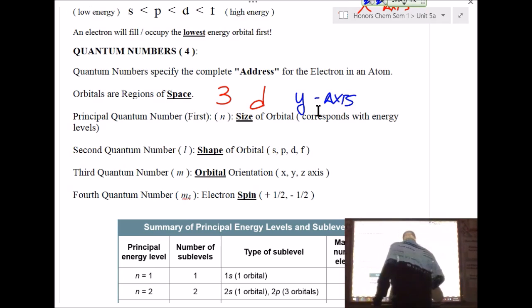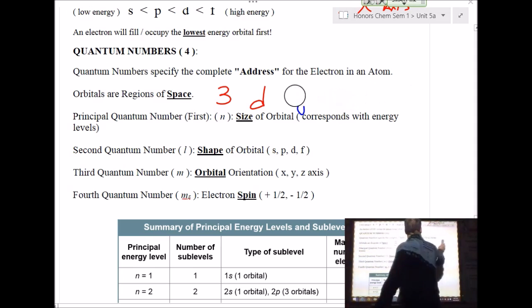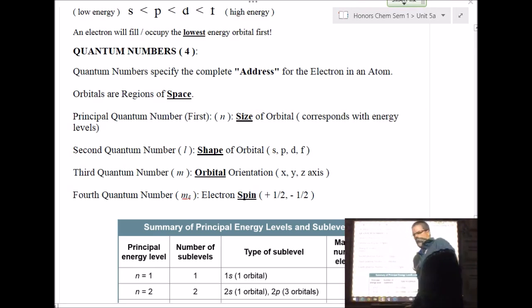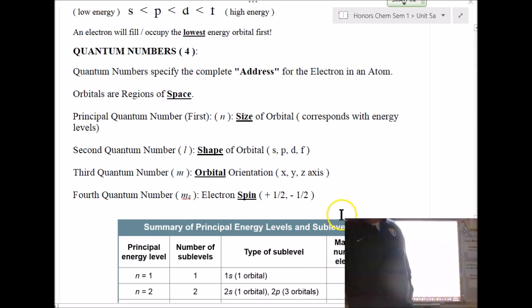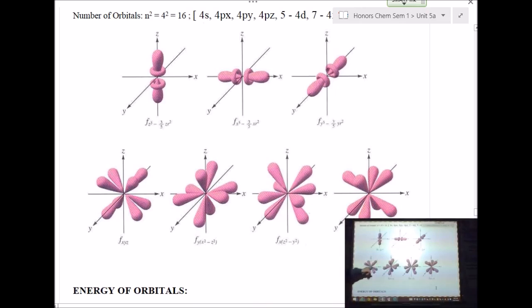So when we talk about orientation, when you look at those pictures, they're adjusted a little bit. And that was one thing that somebody last period noticed and said, do we have to memorize those? Oh, no. You don't ever have to memorize those orientations. If I look at these shapes on the bottom here, they're a little different, and if I put them all together, it forms a bumpy ball.